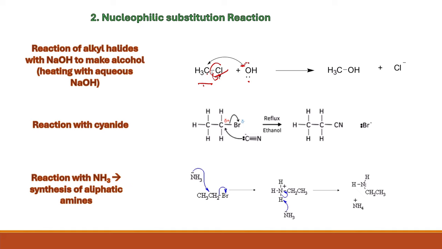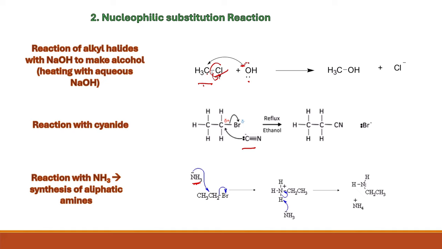So whatever your nucleophile, it's going to be exactly the same mechanism. You just need to know the conditions for some of the reactions. Like with cyanide, you just reflux in the presence of ethanolic sodium cyanide or potassium cyanide. In the case of ammonia, you also reflux with excess ammonia and use an ethanolic solution of ammonia.